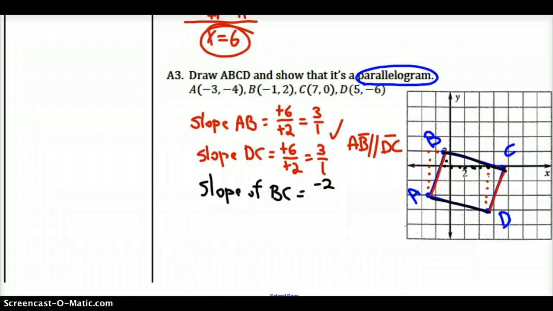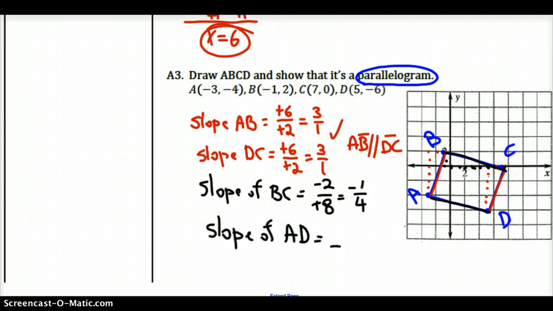Well, that took a lot. So down 2, right 8 gives me a negative 1/4. It does look like a negative slope because it's going down and to the right. The slope of AD looks like down 2, right 8. A little quicker that time. So down 2, right 8, negative 1/4. So again, these are the same. So that means that BC is parallel to AD.